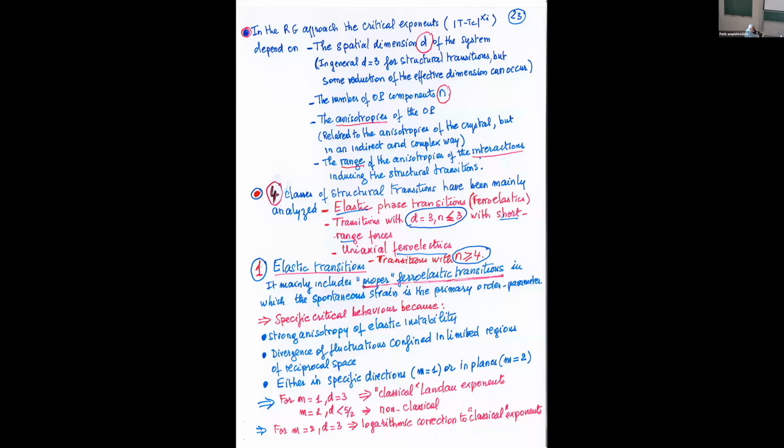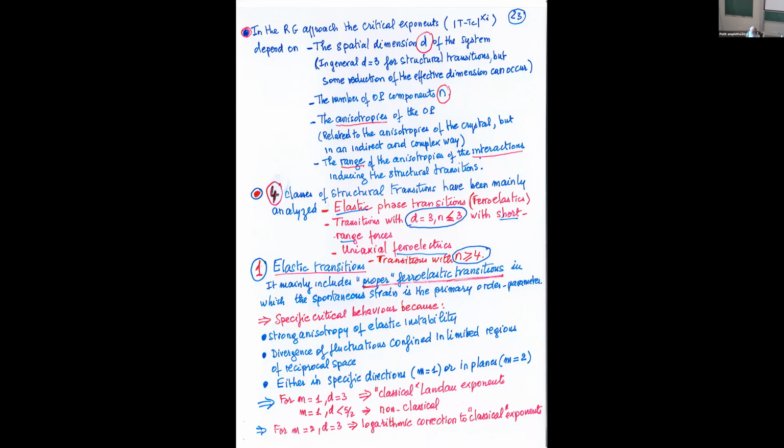So in the renormalization group, at variance with the Landau theory, where the critical exponents are unique whatever the dimensionality of the order parameter or the interaction, which is of course a weak point, the approach showed that the critical exponents depend on the spatial dimension of the system.